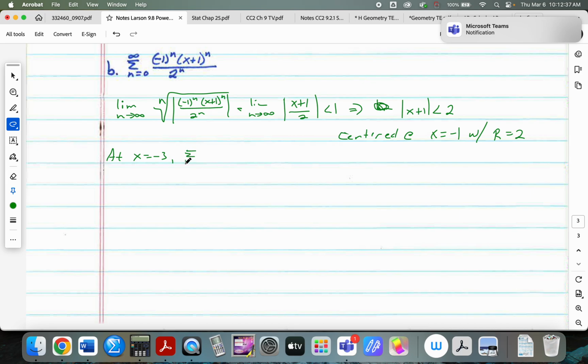Our series will become the summation as n goes from 0 to infinity of negative 1 to the nth times, that'll be negative 3 plus 1 is negative 2 to the nth over 2 to the nth.